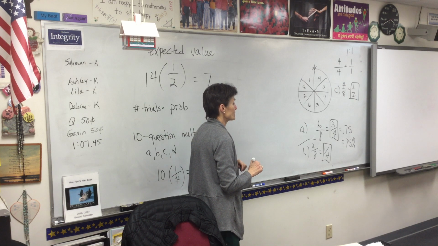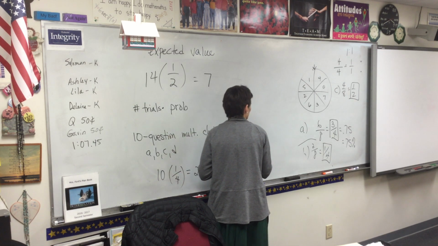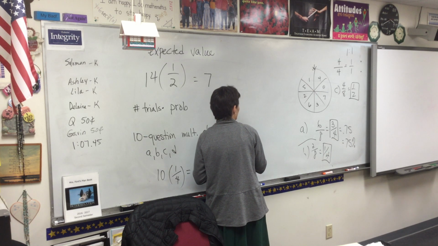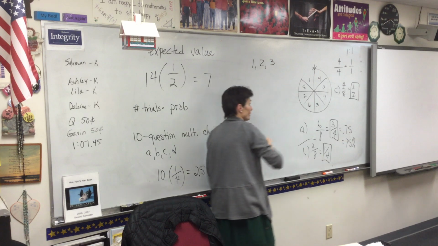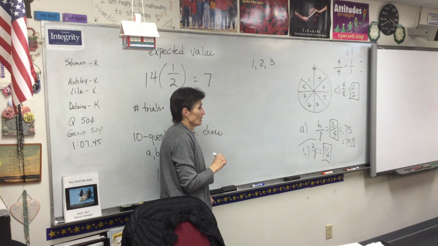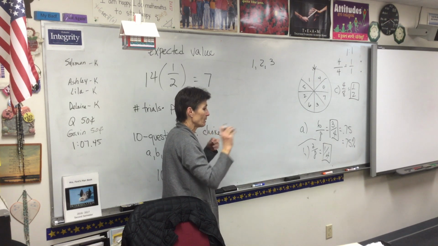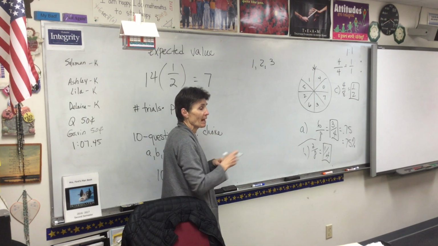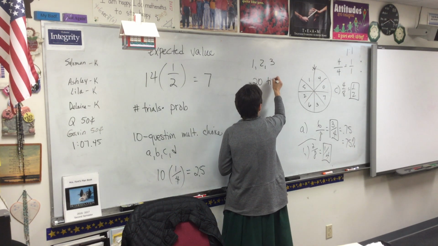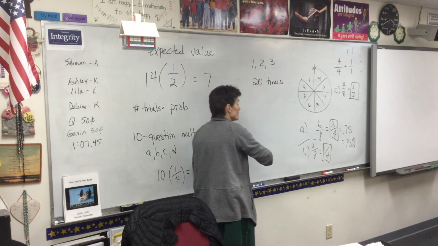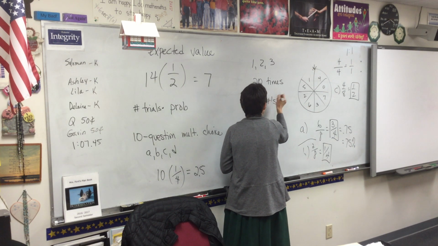Let's suppose that there are 3 numbers, so we'll say the numbers 1, 2, and 3 are in a hat. You're going to pull a number out, put it back, pull a number out, put it back, and you're going to do that 20 times. How many odd numbers can you expect?